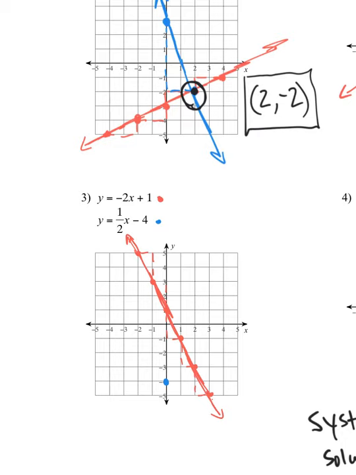Slope of 1/2 up 1, right 2. Hey, right there I can see, well, that point's in common. That point is where the lines intersect. First point I plotted there. So coordinates there, guys. X coordinate is 2. Y coordinate negative 3. So that is the point the two lines intersect.